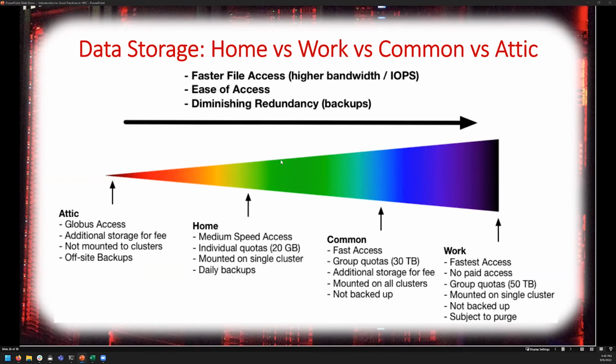Home, it's backed up daily, but it's also very small. Common, there's no backups. And then work actually not only has no backups, but has a purge policy where if a file sits basically untouched or unutilized for 6 months, it goes into the void and gets deleted. That has caught quite a few researchers in the past as well.